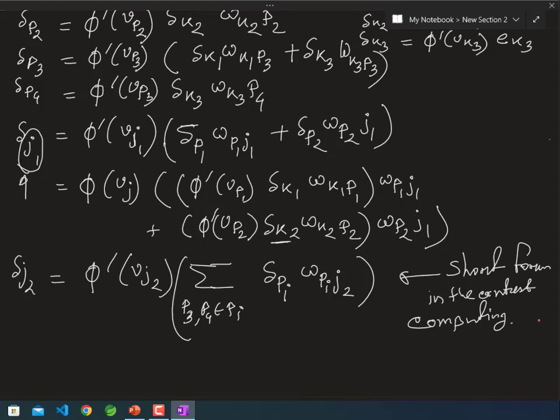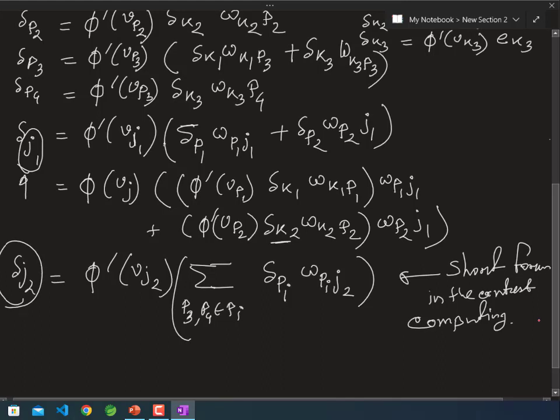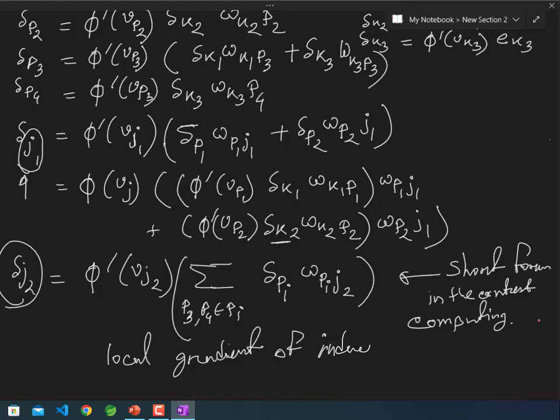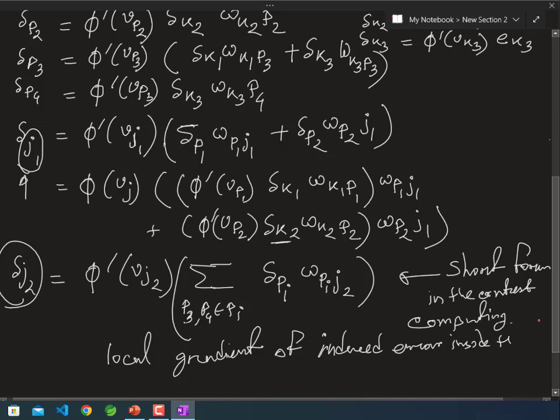So this is the overall scenario of how backpropagation computes the local gradient of the induced error inside the cell.